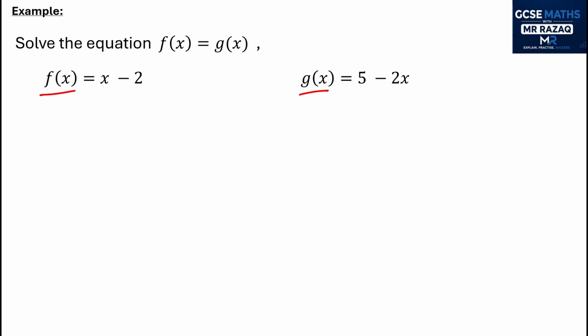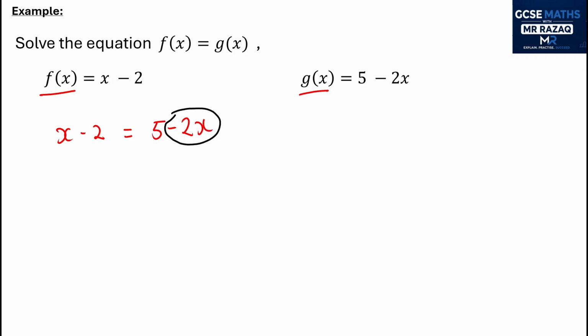What I'm going to do is write down f of x, which is x minus 2, put the equal sign, and then I've got g of x is equal to 5 minus 2x. This is a linear equation that we can easily solve. Now, what we can do is put all the x's on one side, so you can see that this is a minus 2x.